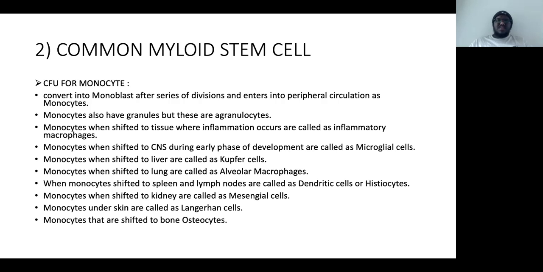In the spleen and lymph nodes, dendritic cells or histiocytes. In the kidney, mesangial cells. Under the skin, Langerhans cells. In bone, osteoclasts.